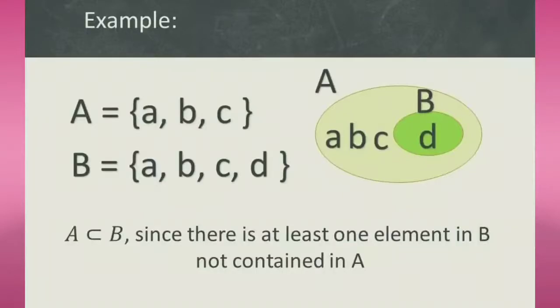Nakukuha? For example, ngayon, di ba? A is a proper subset of B. Question, yes or no? The answer is yes, because there is one element in B that is not contained in A. Did you get it? Very good.